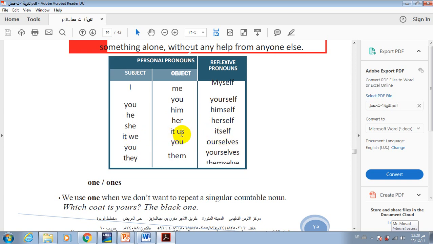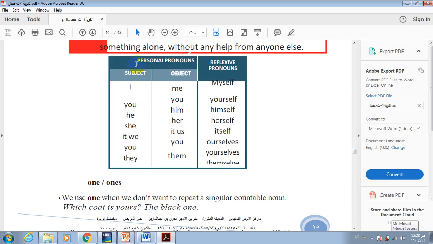We, us, ourselves. We must put we under it, and we must put us under it to be right in your notes, my dear students. Okay, you, yourselves. But when we want to speak about plural, they, them, themselves.